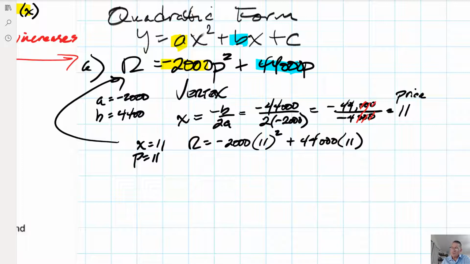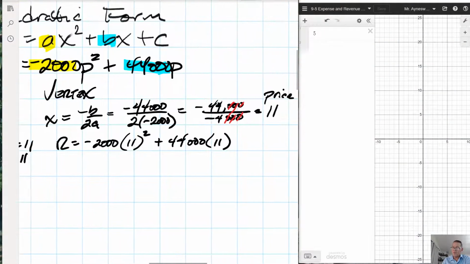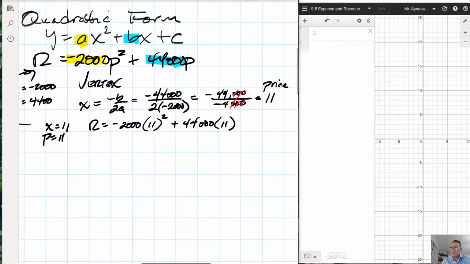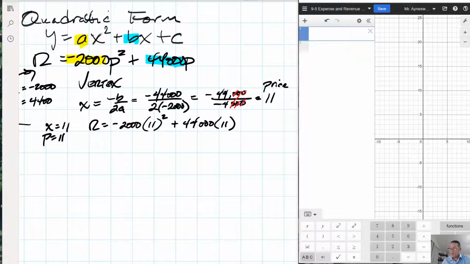So let's go to our famous calculator here that we use in this class, and let's just type it in. You just type it in directly as you see it, guys. It's so simple. So negative 2,000 times 11 squared plus, again, you just type it in directly. Desmos is so user-friendly, it's not even funny.